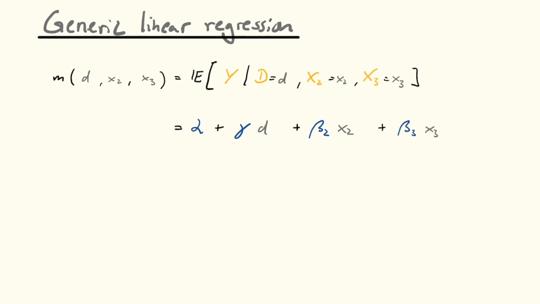In our treatment application, it was very natural to split up our regressors into two groups: a treatment variable and control variables. In other regression contexts, such a split is not natural, and it makes more sense to just have one group of regressors. In this case, we wouldn't call this D, but rather x1 to have perfect symmetry between all the regressors.